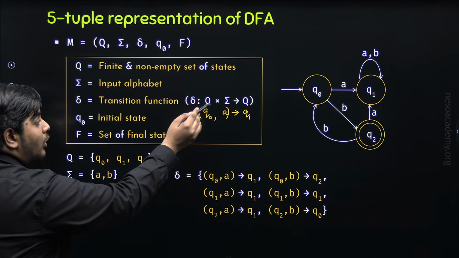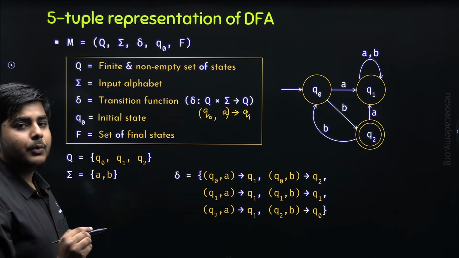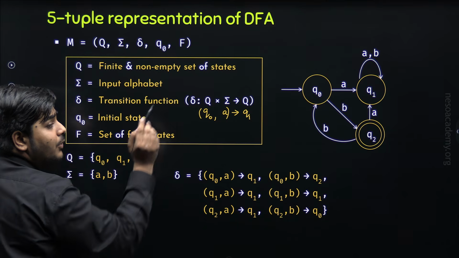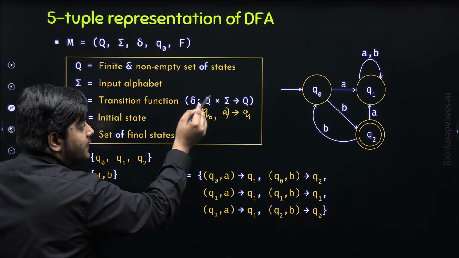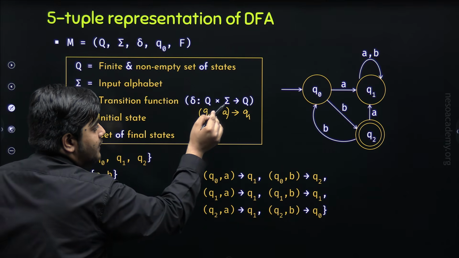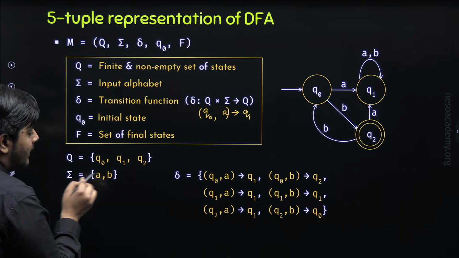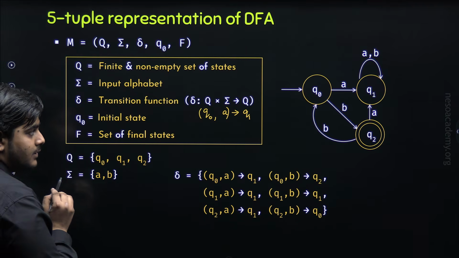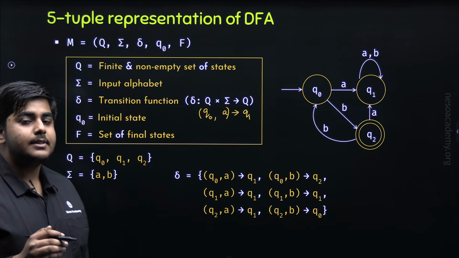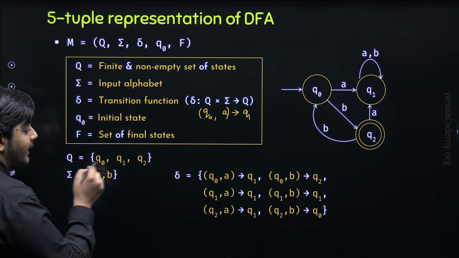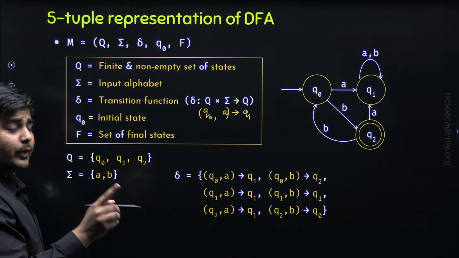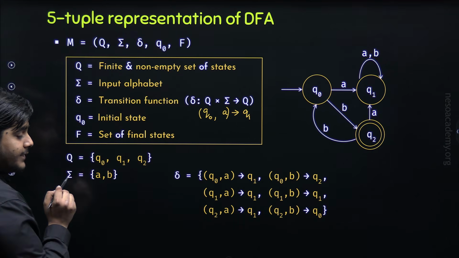Now, this cross represents the Cartesian product. The Cartesian product is between the set of states Q and the set of symbols sigma. So this is the set of states and this is the set of symbols. Cartesian product means that every element of the set Q is to be operated with every element of the set sigma.